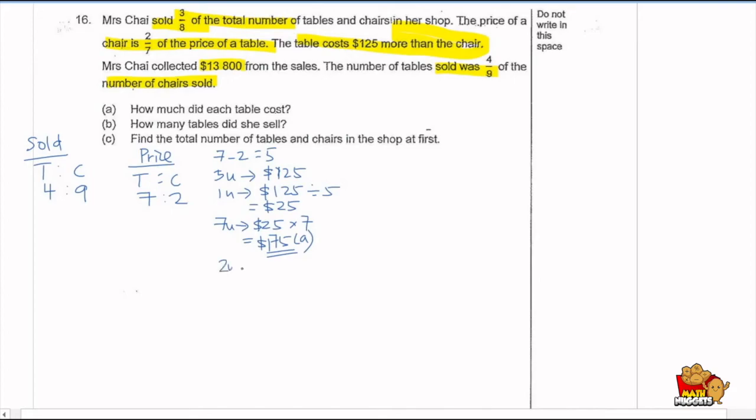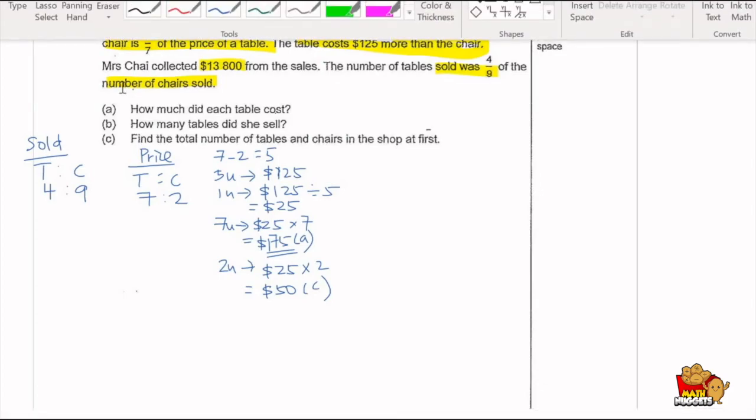Let me find the cost of the chair as well. We will need that. $50. This is the cost of the chair. Okay, so part B, we need to find out how many tables were sold. Now let's go back to the set. Let me switch color.